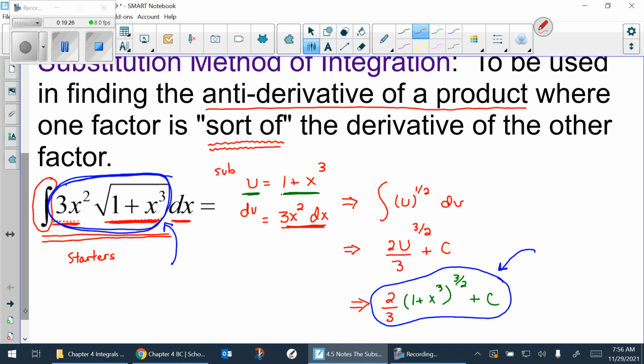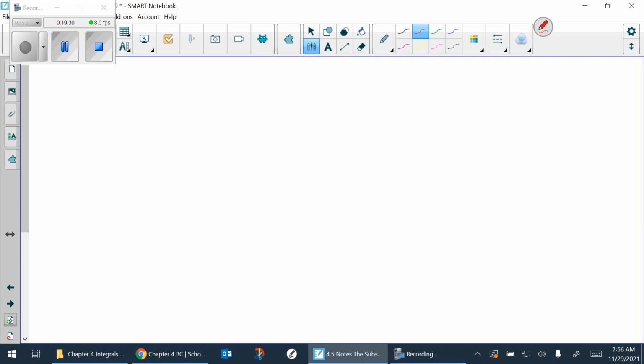I'm going to add a slide. The integral of 3x squared times the cube root of 1 plus x cubed dx.